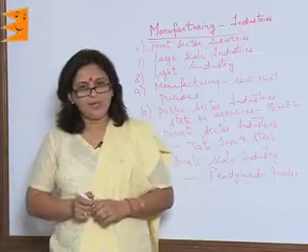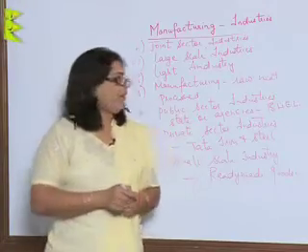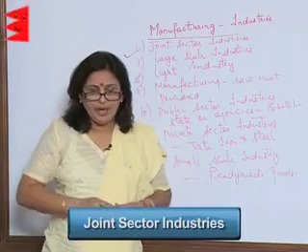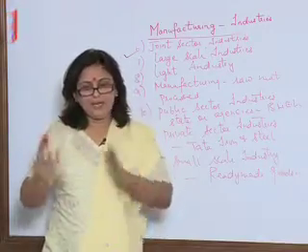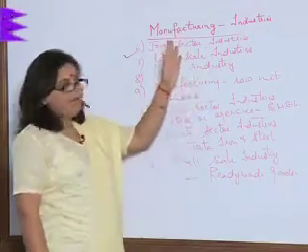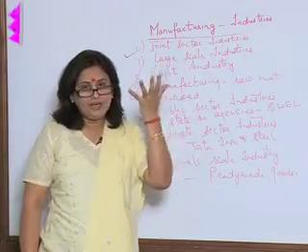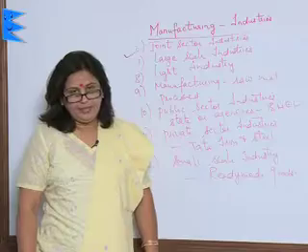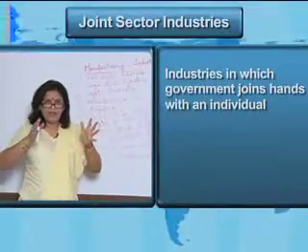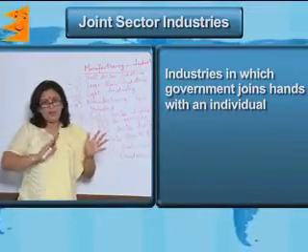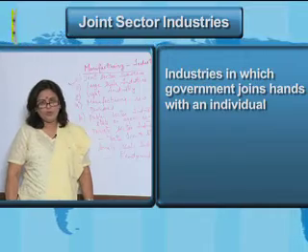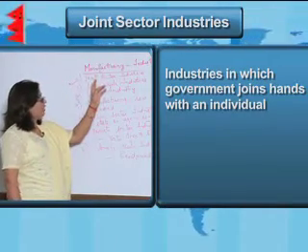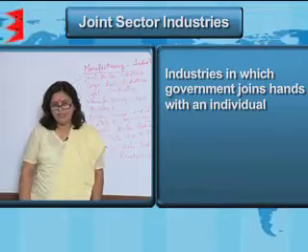Continuing with the terms and concepts, I pick up the next term, which is the joint sector industries. Now, if we break it, we understand that somebody has joined together to form this industry, and therefore, when the government joins hands with an individual or individuals, and then that industry is set up, it is a joint sector industry.